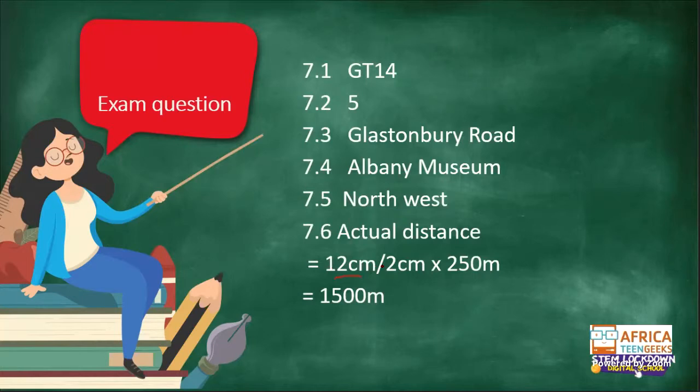So divide 12 by 2 centimeters, times 250 meters. Your answer is 1,500. So well done. There are obviously other ways of doing this question, but I think this one is very, very easy. Okay, next question. Well done to all of you, you got the answer correct.